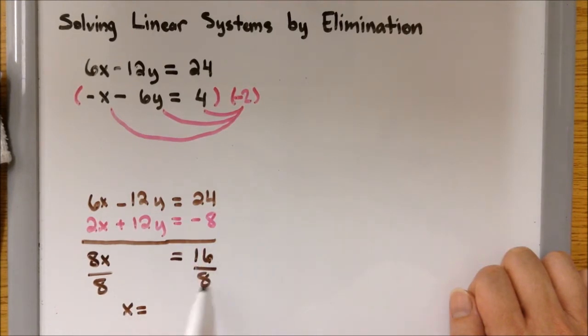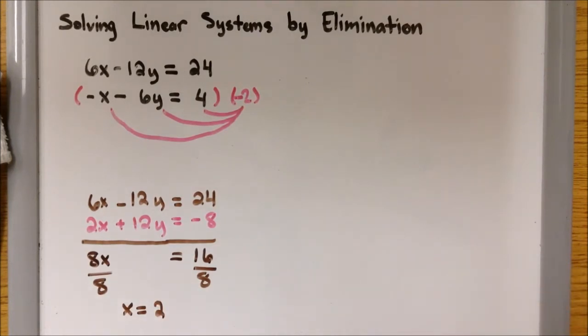Positive 16 divided by positive 8 will be positive 2. So I'm pretty much done with using elimination. Since we got the x value, I can simply plug it into any of these equations to solve for y. Let's say I use the second one because it has smaller numbers, so it's easy to work with.